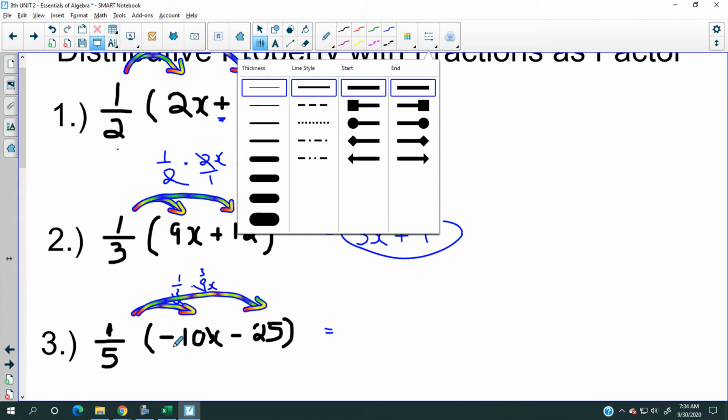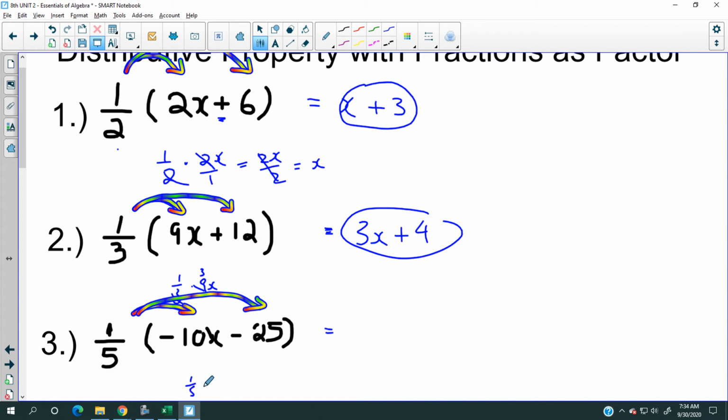So 1/5 times negative 10x. What do you think that would be? 5 going into 5 once, 5 going into 10 twice. Now, don't forget the negative. So that's 1 times negative 2x, negative 2x. 1/5 of negative 25. What's a fifth of negative 25? Negative 5. And that's it.